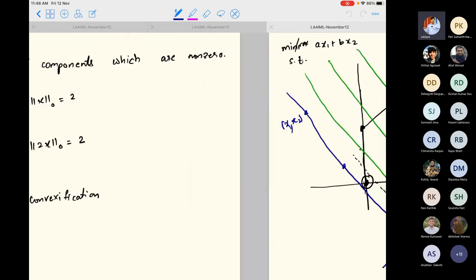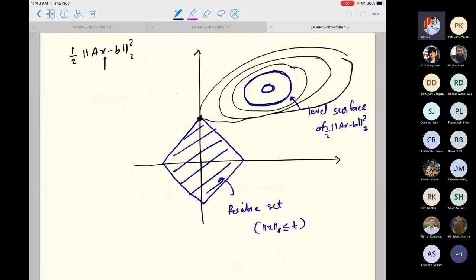And the way you get sparsity, this is the geometrical intuition behind why you would get sparsity. I tried my best to explain this intersection of level surfaces with this diamond. But if you want a really good explanation of this, I think you can look at the book by Tibshirani.